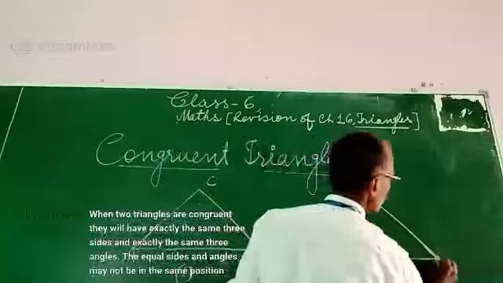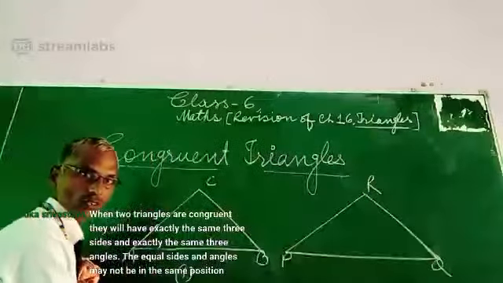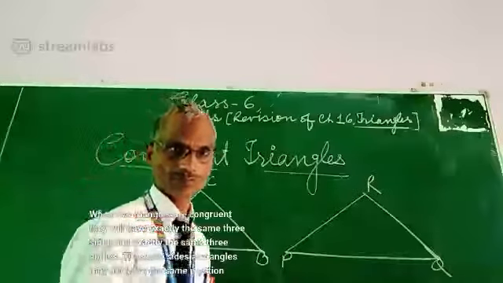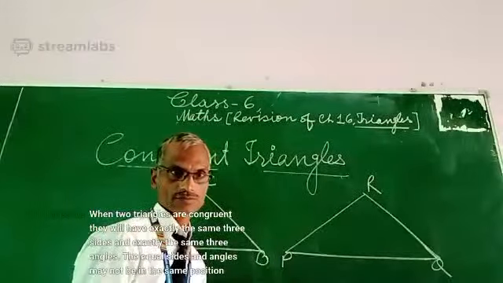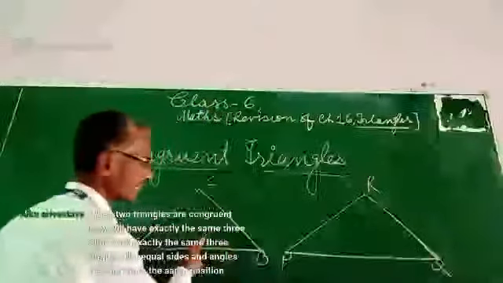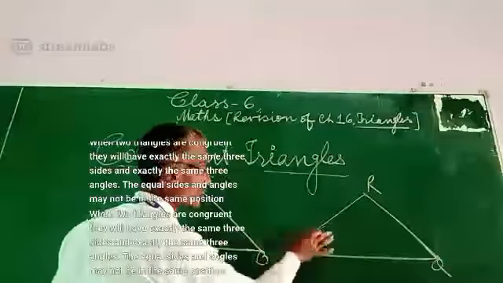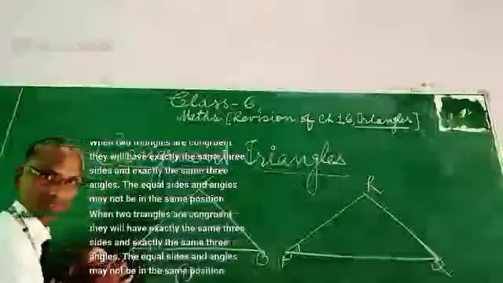Two triangles are congruent if they have exactly the same corresponding angles.